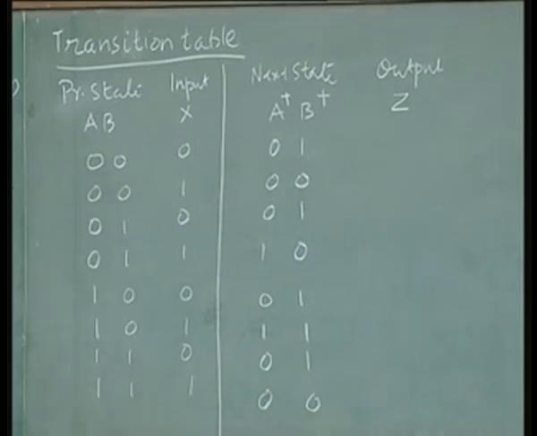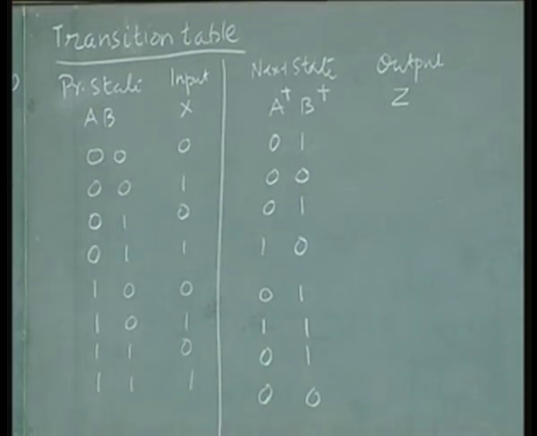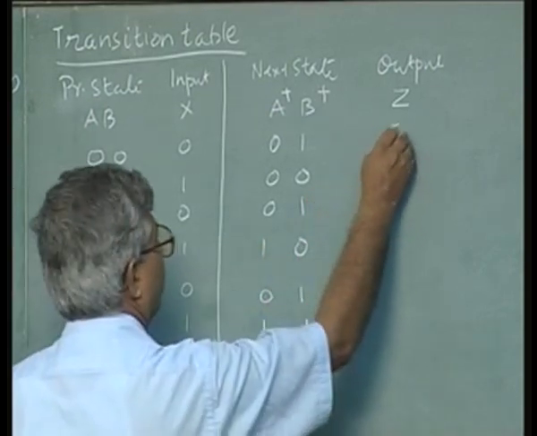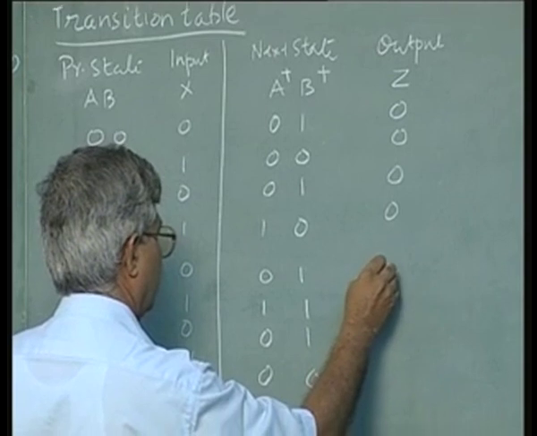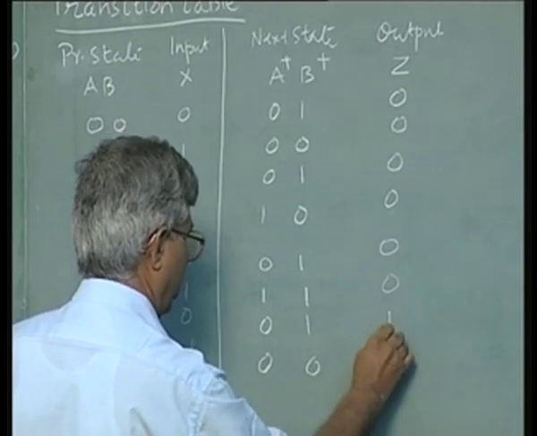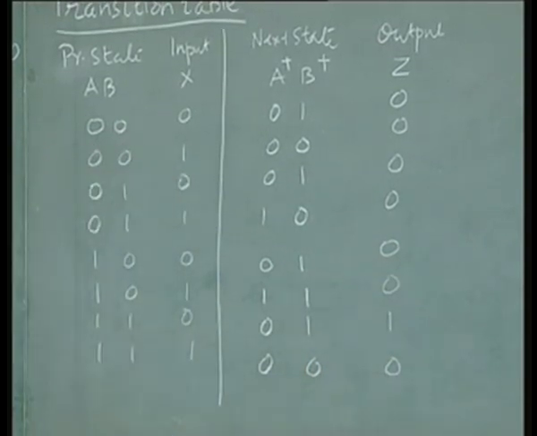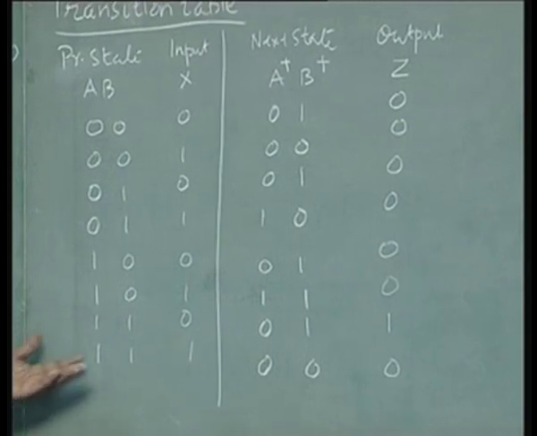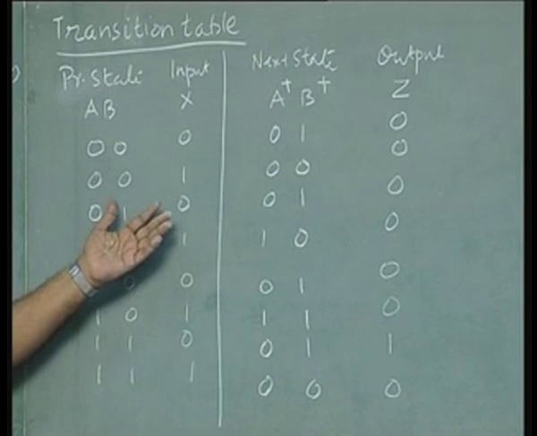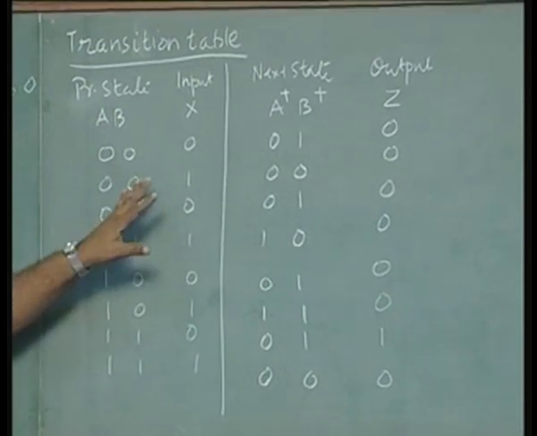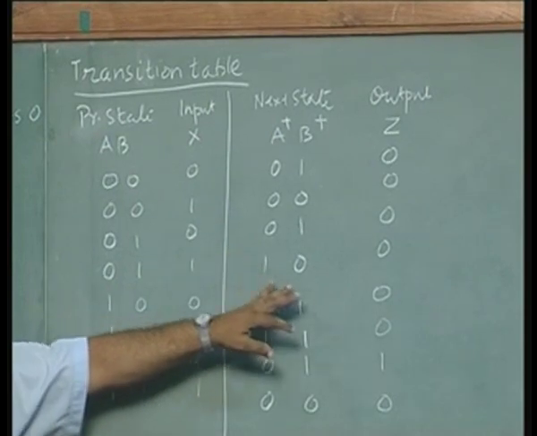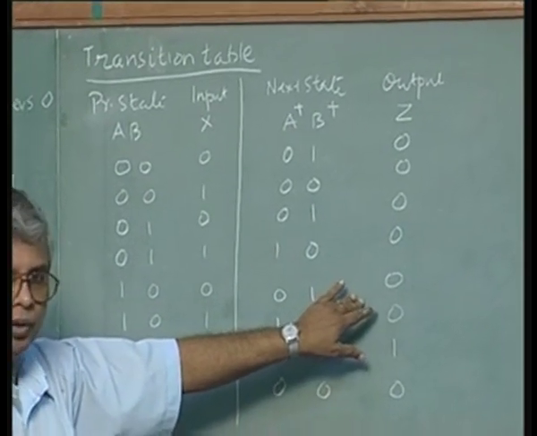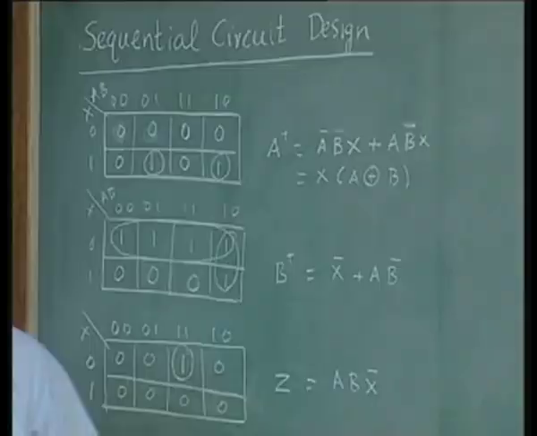These are the next states, and the corresponding outputs are 0 0 0 0 0 0 1 0. So, this is a transition table from which you can draw the Karnaugh maps for each of these variables A and B and the output Z, and then implement it in terms of a circuit.